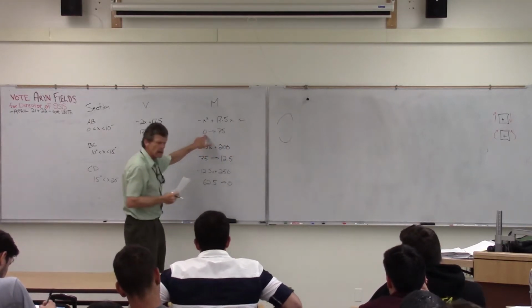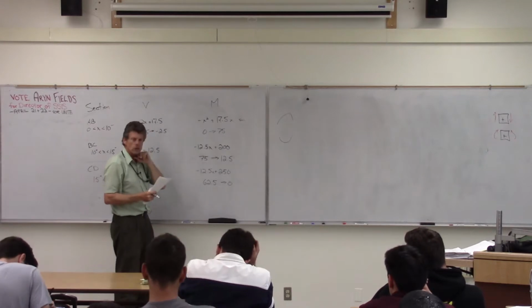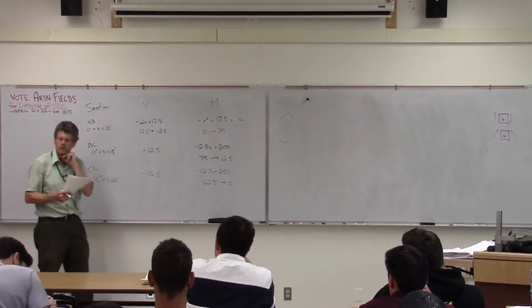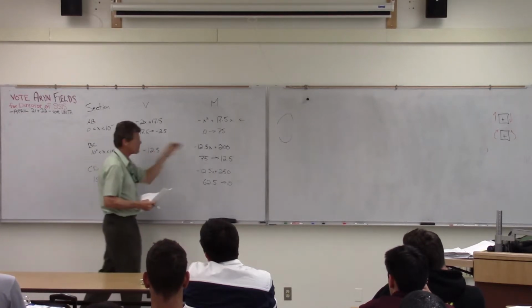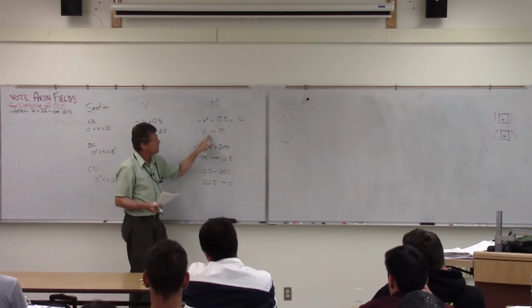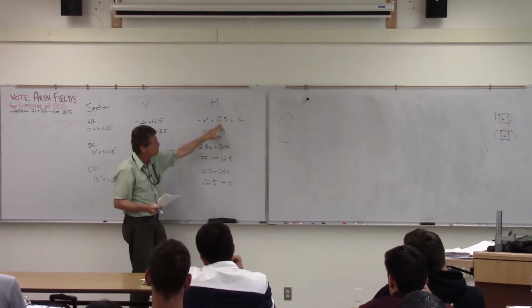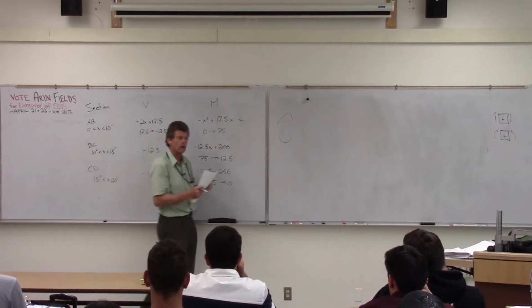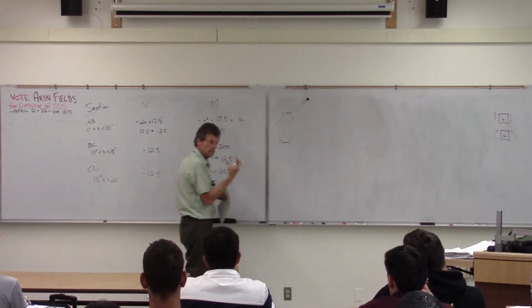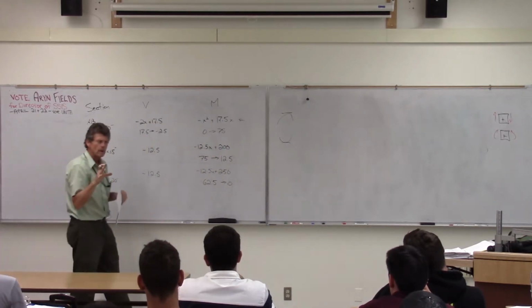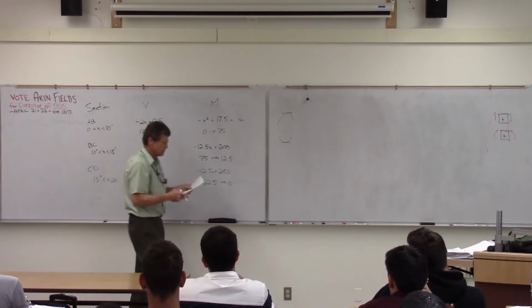So when I say my endpoints are 0 and 75, that doesn't necessarily mean that that's the highest moment. That's just simply my endpoints. So I need to take a look at that equation and figure out whether I have what we call a minimum, maximum, or a saddle point. You remember that?